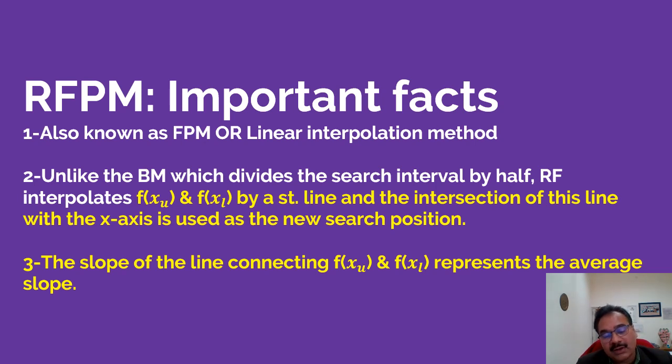The intersection of this line with the x-axis is used as the new search position. The slope of the line connecting f of xu and f of xl represents the average slope.